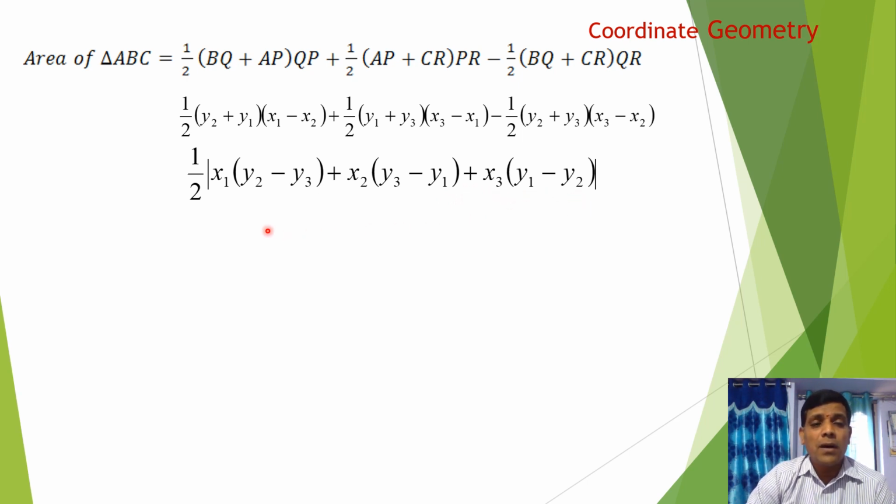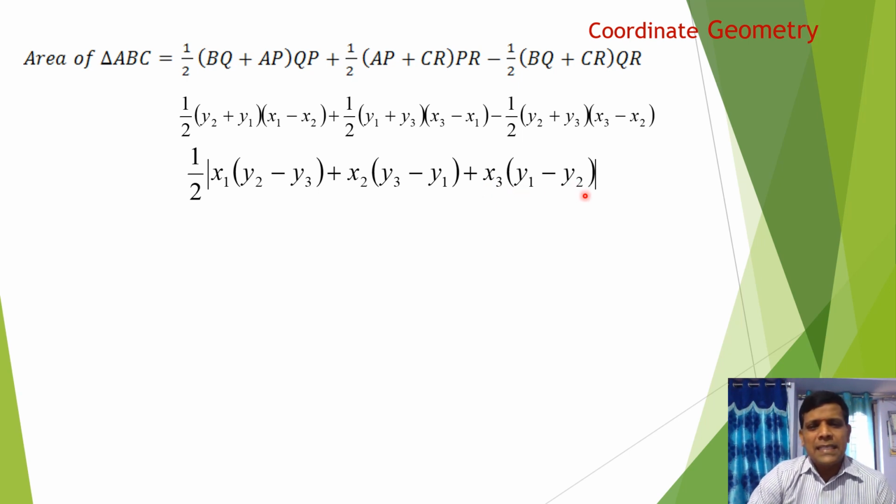This is the formula for the area of a triangle given three vertices: A(x1, y1), B(x2, y2), and C(x3, y3). So the formula is half mod x1 into (y2 minus y3) plus x2 into (y3 minus y1) plus x3 into (y1 minus y2).